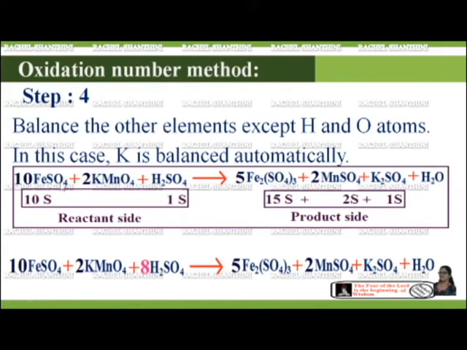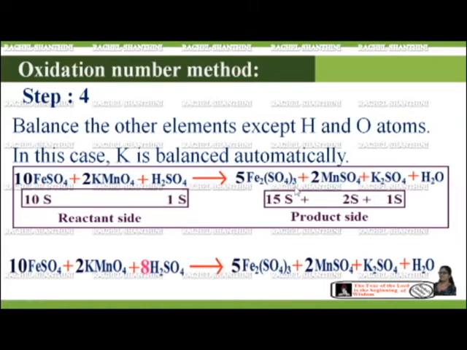Now coming to sulfur, in the reactant side we have 10 sulfur in ferrous sulfate and 1 sulfur in sulfuric acid. So totally we have 11 sulfur in the reactant side. Coming to the product side, let us count the number of sulfur in ferric sulfate. Here this 3 is common to sulfur and oxygen, right? And this 5 is common to all the elements present in ferric sulfate, right?